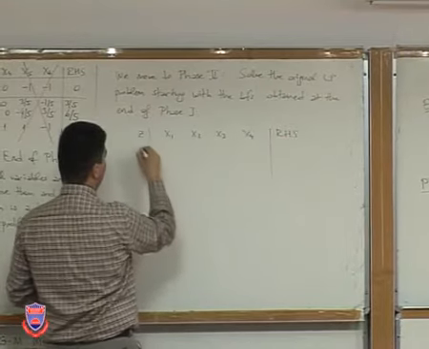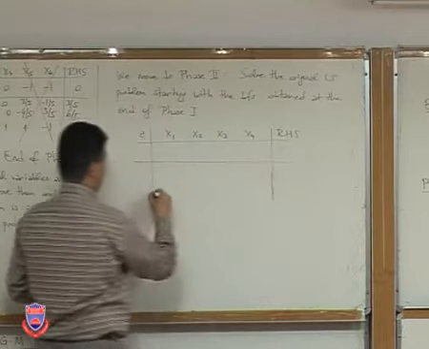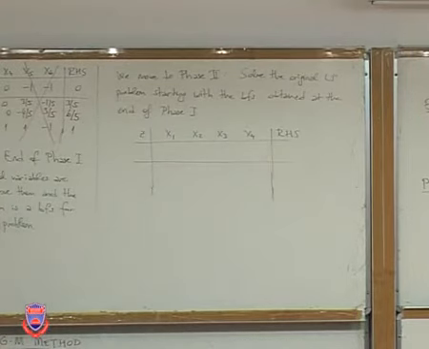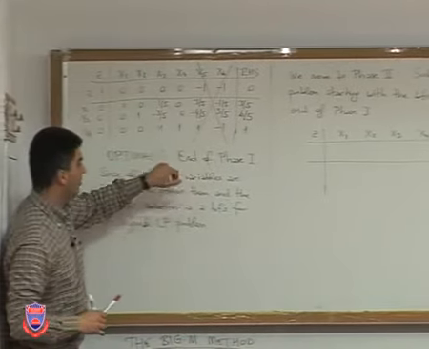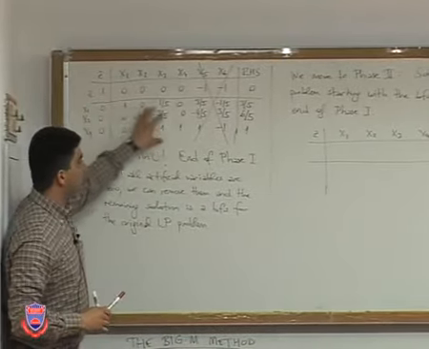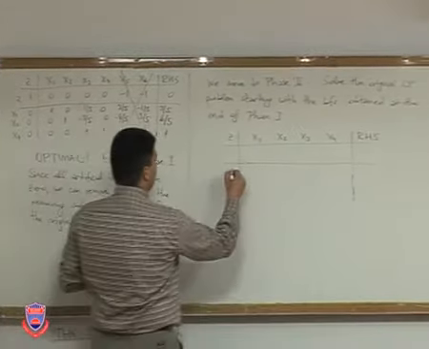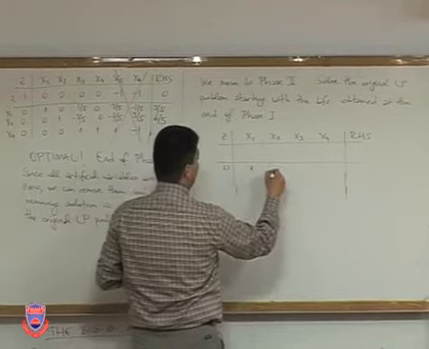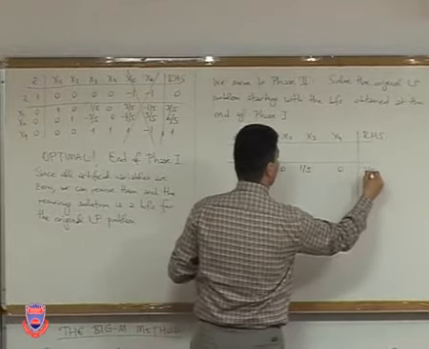And I have 4 variables, right? This is again where you should be careful. Let me just leave out row 0 for now. I'll just copy everything from row 1 to row 3 from this tableau. In row 1, I have 0, 1, 0, 1 over 5, 0, and the right-hand side is 3 over 5.